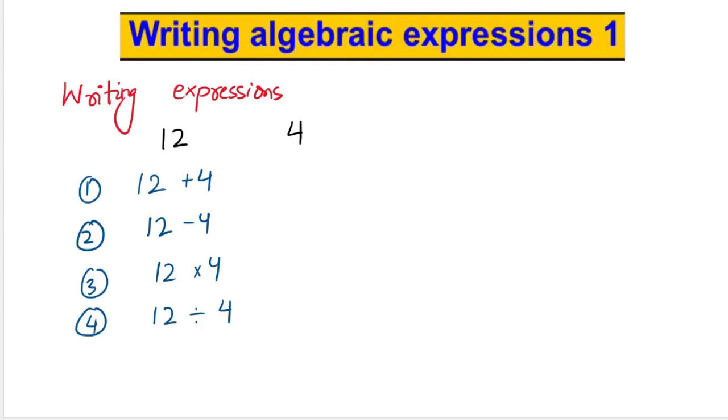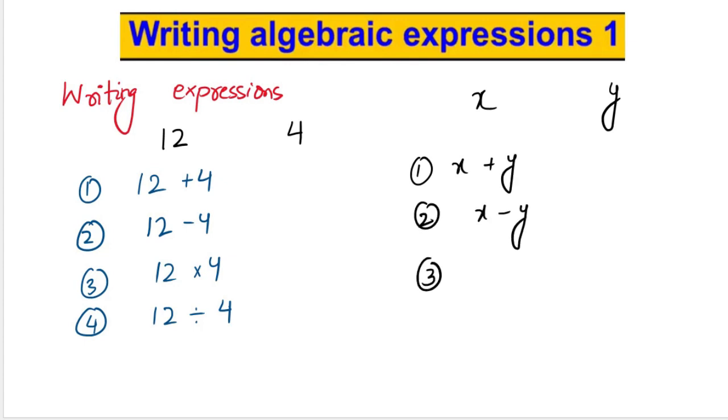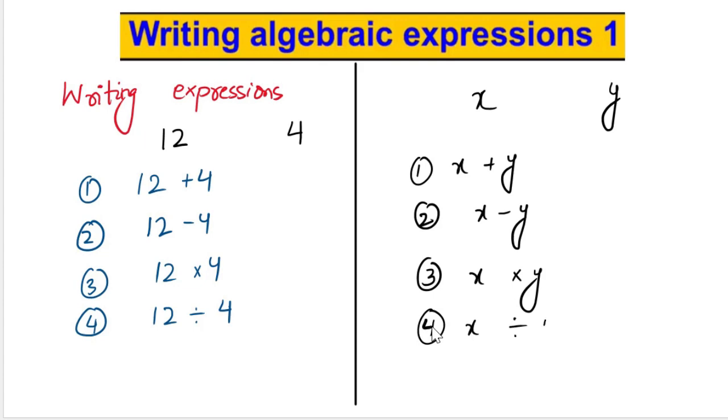And if you generalize it, for x and y, you can write the first result as x plus y, the second result as x minus y, the third result is x times y, and the fourth result is x divided by y.